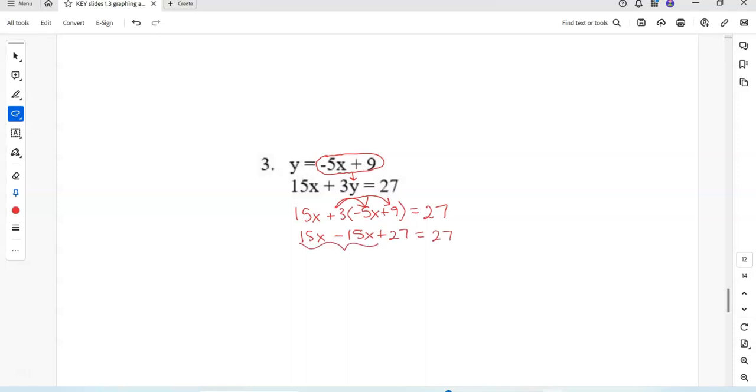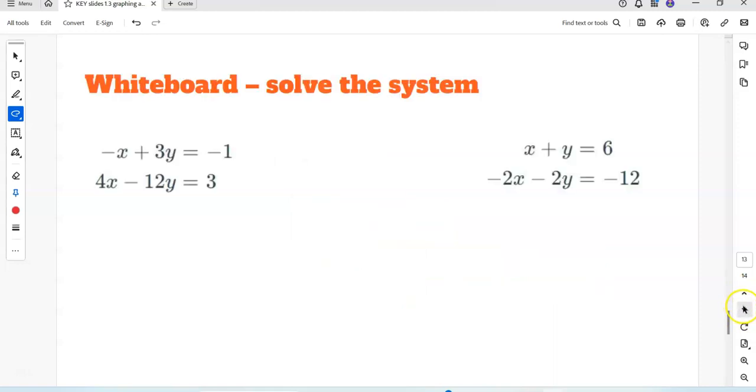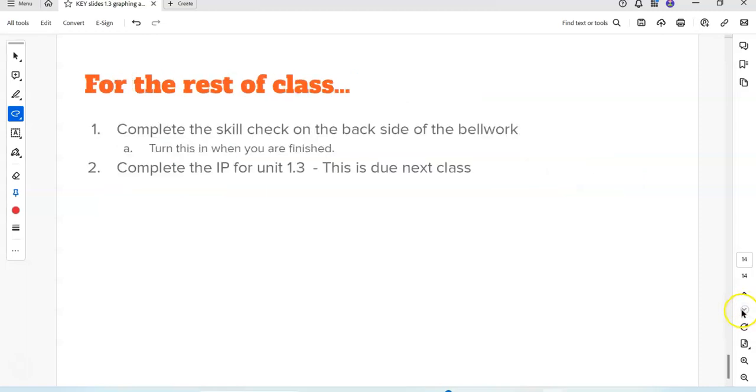Now if you look here, 15x minus 15x, those cancel out. Since those cancel out, that just gives me 27 equals 27. I guess this would be a situation where you would just have a true statement, but it doesn't have to be 0 equals 0. That is true, so we'd say infinite solutions. Okay? All right. Got it? Okay. You could try these out on your whiteboard if you'd like, but I'm not going to worry about it.